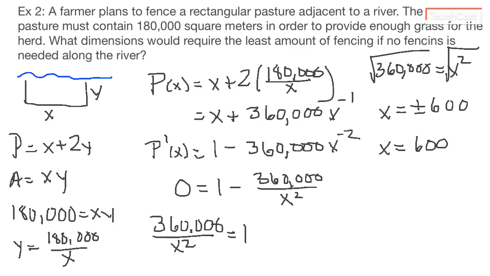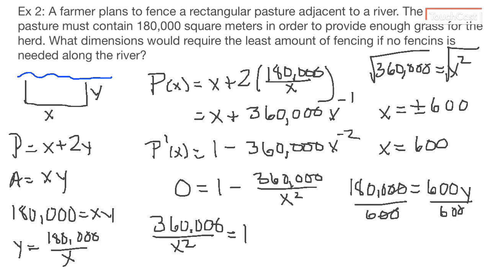Now we can put this back into our area equation to figure out y. We know that our area is 180,000, and that is equal to x times y, and we know x is 600. So if we divide by 600, we can get rid of 2 zeros.